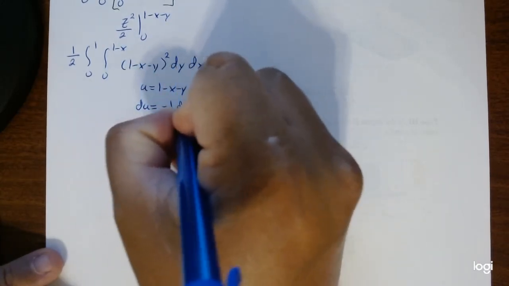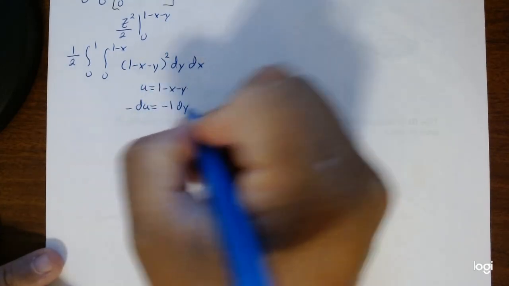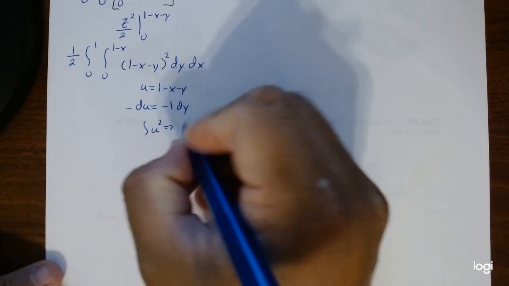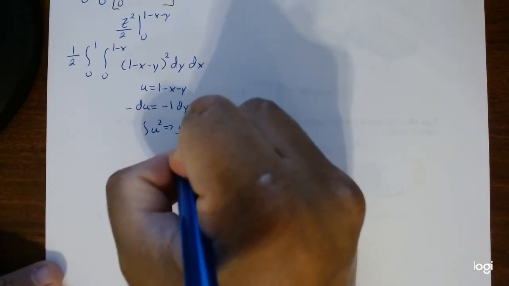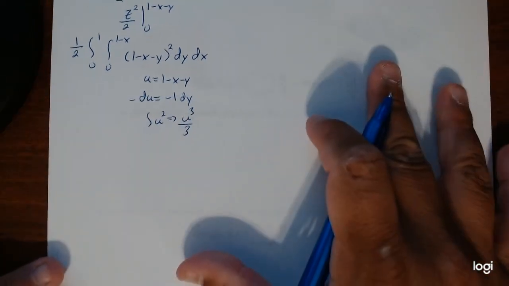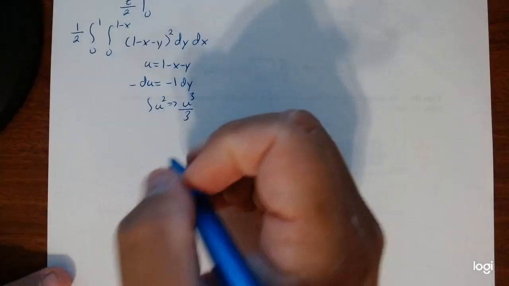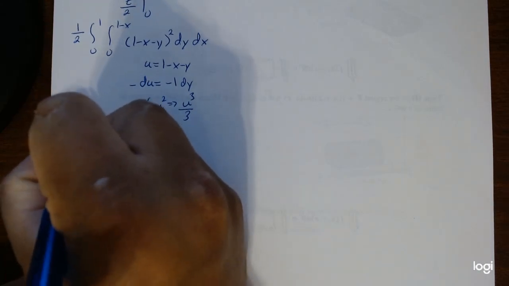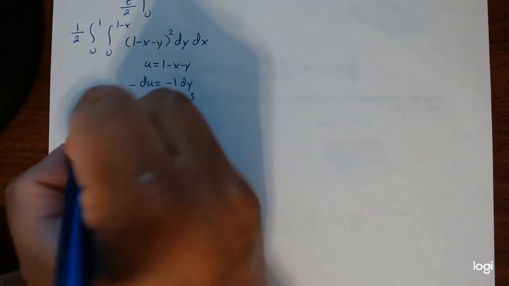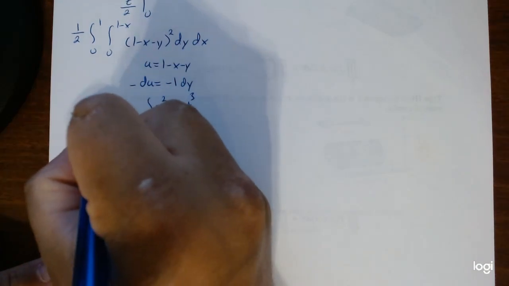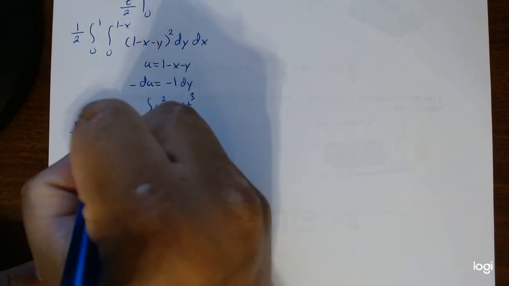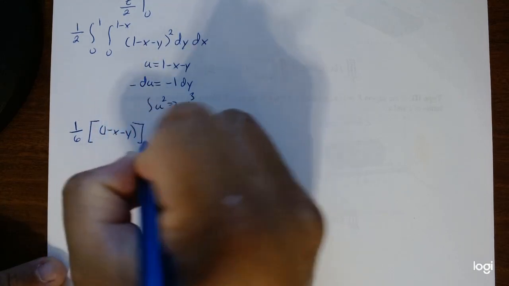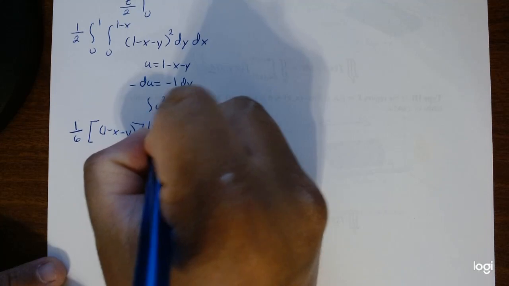So we just get -1 dy. So I just pop a negative to make it positive. So therefore, if I take the integral of u squared, that's just going to be u to the third over 3. So again, bringing that 1/3 out and that 1/2 gives now 1/6. And then this time we're evaluating this whole thing from 0 and 1 minus x.